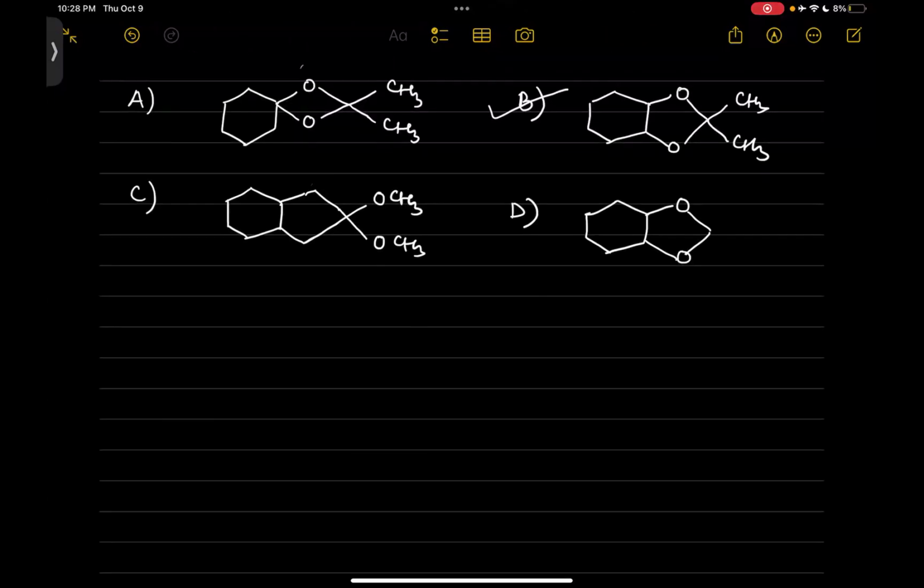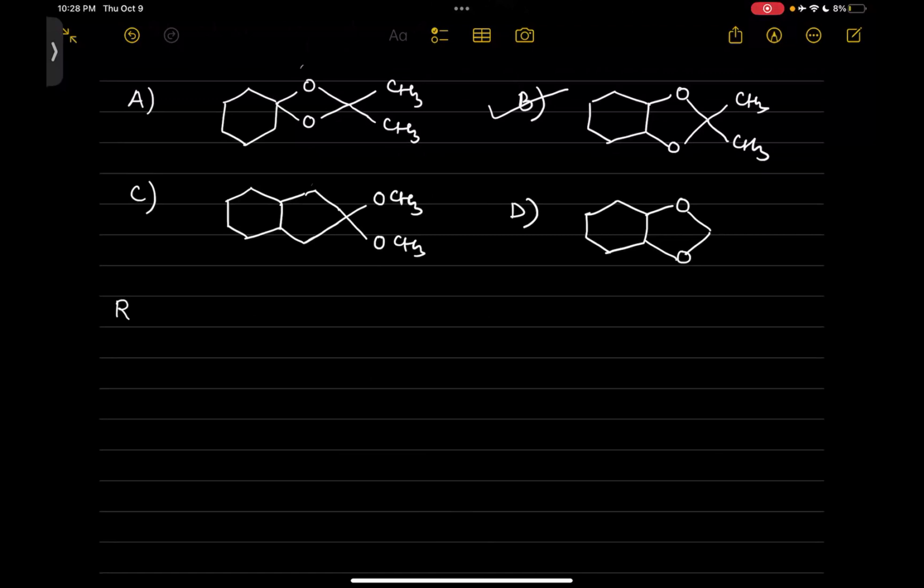Let's move to another reaction, and that reaction is very, very important, and it is not a single reaction, but it is a group of reactions.